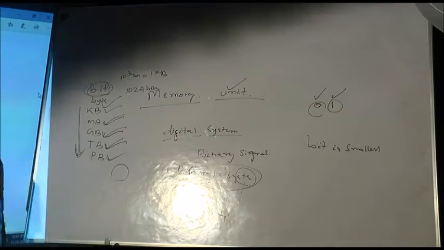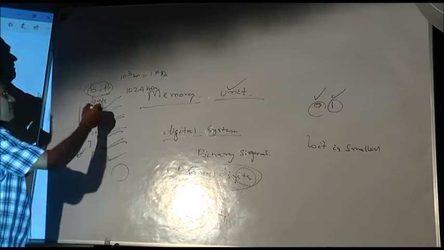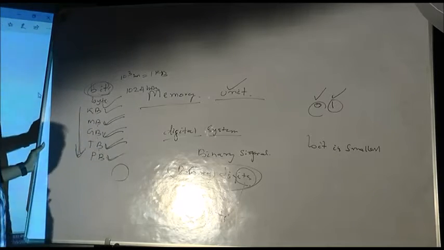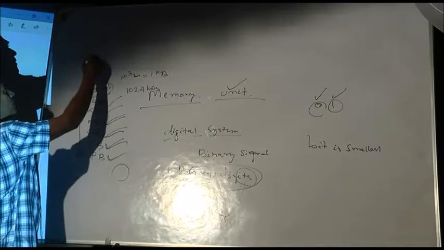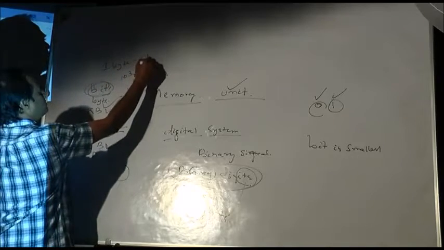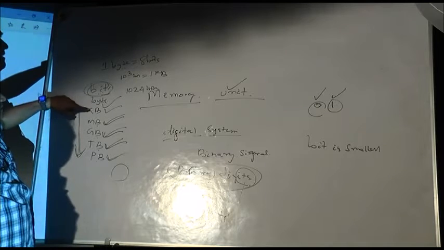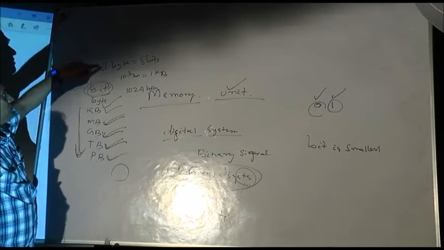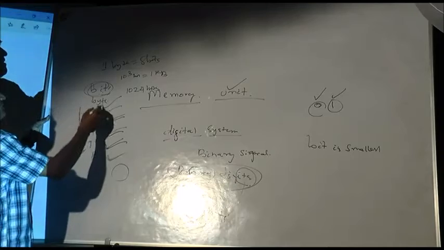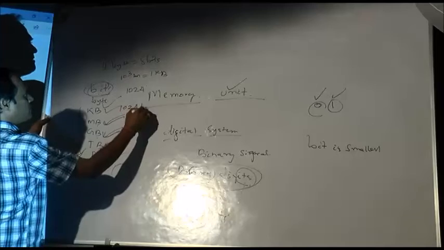I left one unit in between bit and KB. So after bit comes byte, then kilobyte, then megabyte, then gigabyte, then terabyte, then petabyte, yes or no. 1 byte is equal to 8 bits, then 1 kilobyte is equal to 1024 bytes, okay.